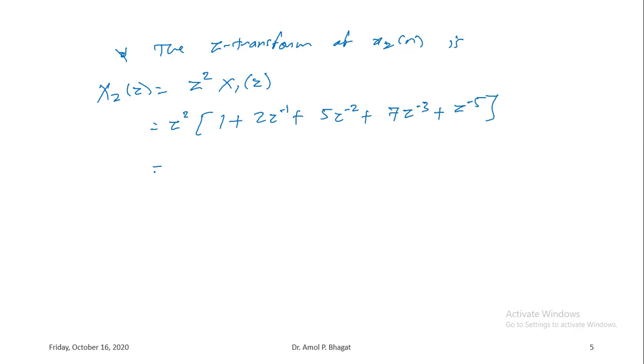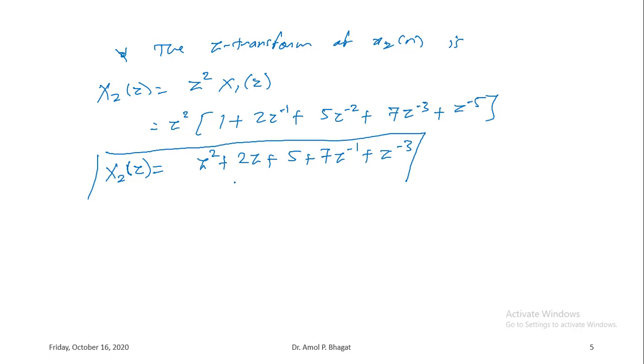If I am multiplying it with z square, it will be z square plus 2z plus 5 plus 7z inverse plus z to the power minus 3, right? So this is the required z transform of signal x2 of n.